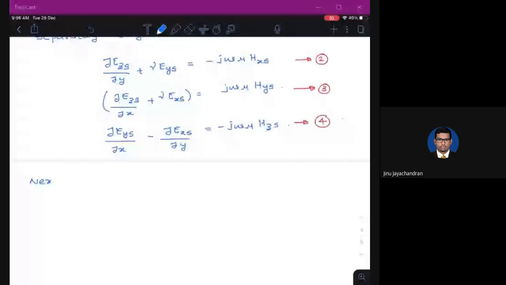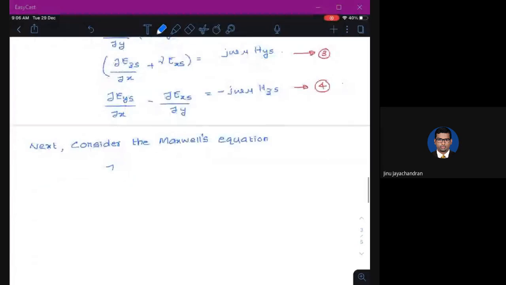So now let's next consider Maxwell's equation del cross Hs is equal to j omega epsilon Es. So this is the next equation that we are going to consider.